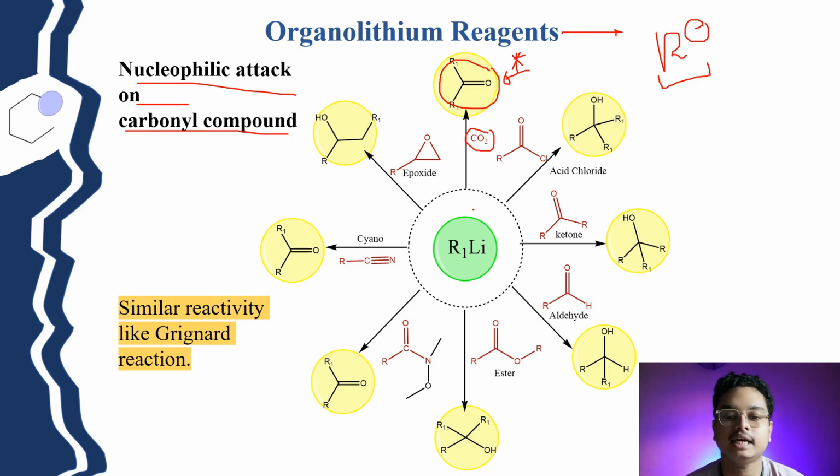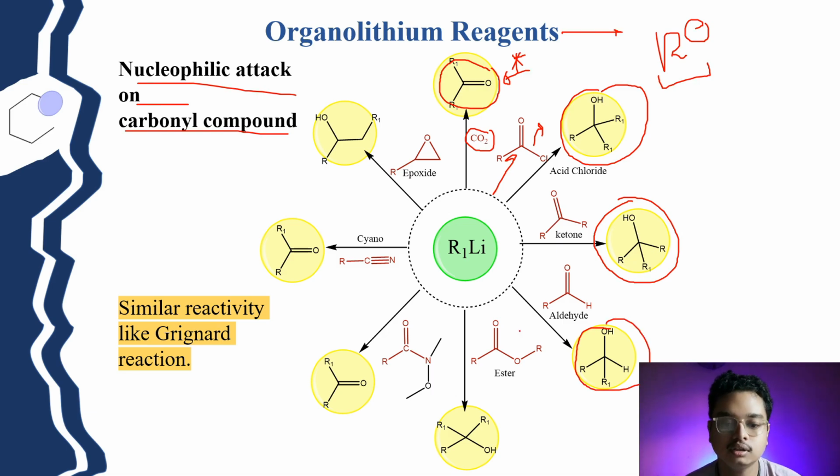It will react with acid chloride. This 1,2 attack takes place and the chlorine kicks out. Initially, it will generate a ketone, and after that, a higher concentration of the organolithium compound will finally lead to the tertiary alcohol. Similarly, it reacts with ketone to give the tertiary alcohol, and reacts with aldehyde to give the secondary alcohol. Excess organolithium can react with ester to give the tertiary alcohol.